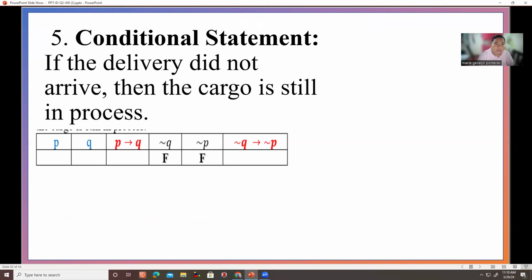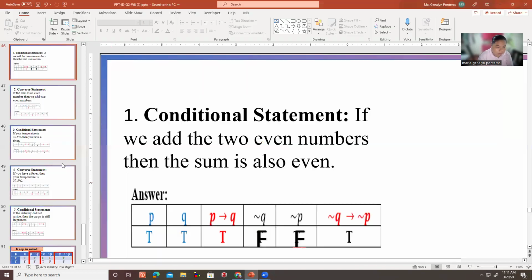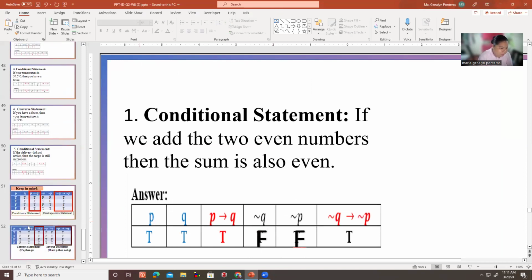For the conditional statement, if the delivery did not arrive, then the cargo is still in process. Not Q is false, not P is false. Okay, oh, it's reversed. This is false. So P is true, Q is true. P implies Q is true. Not Q implies not P is true. Okay. Let me fix this one.